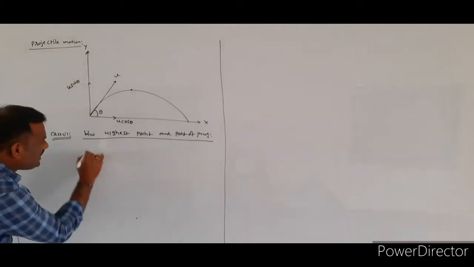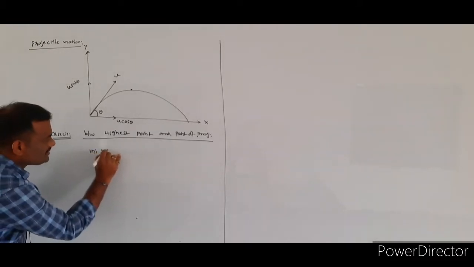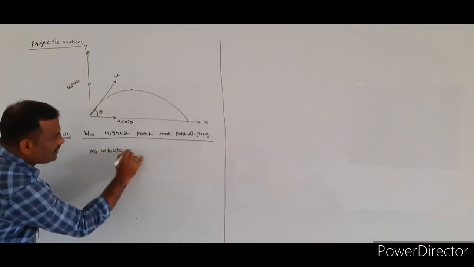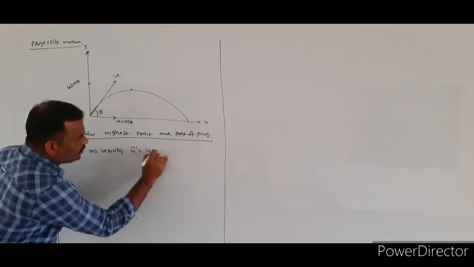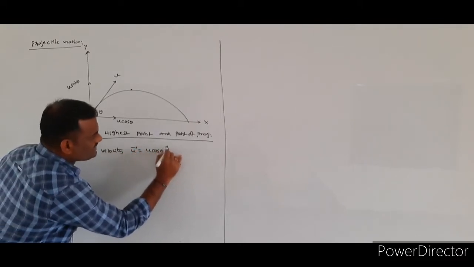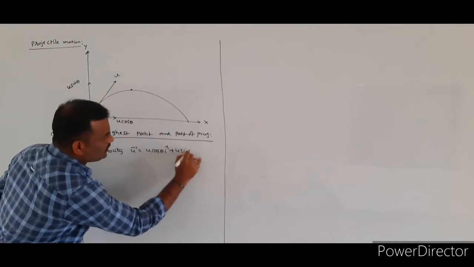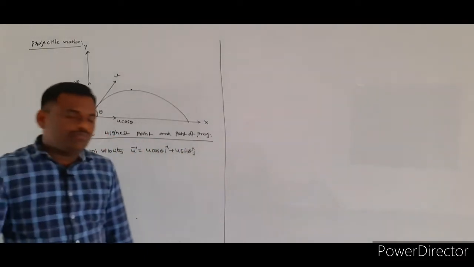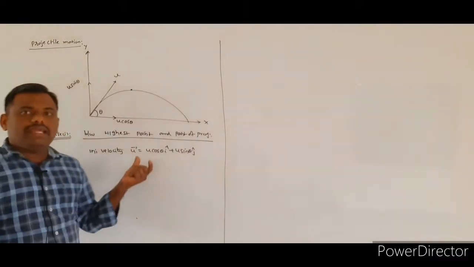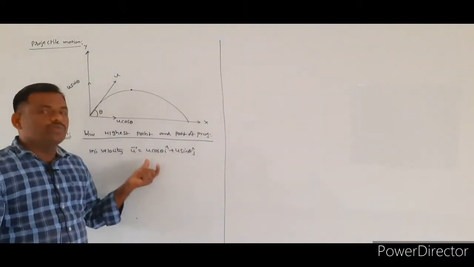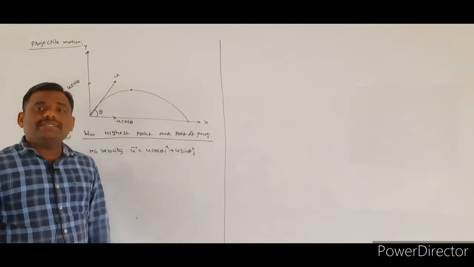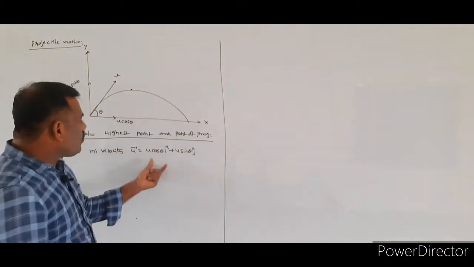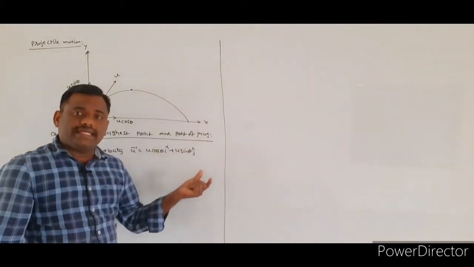So the initial velocity vector is u bar = u cos theta i cap + u sin theta j cap.